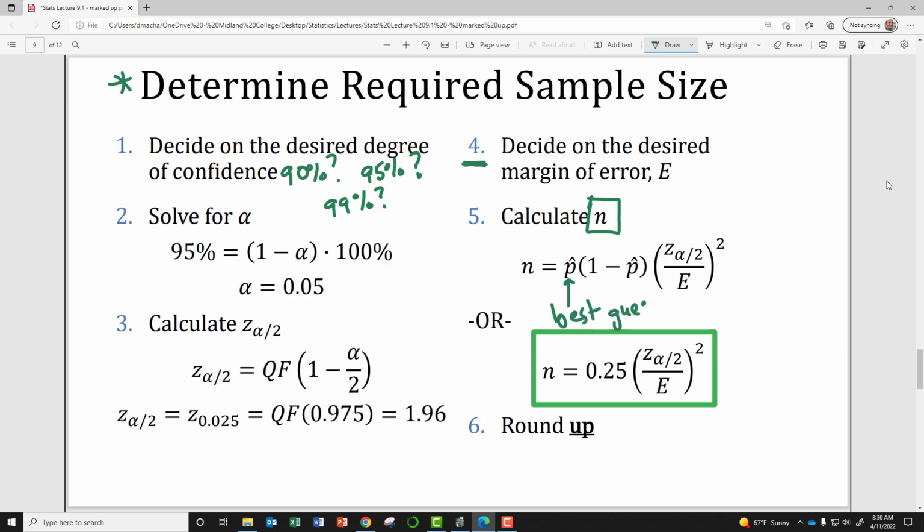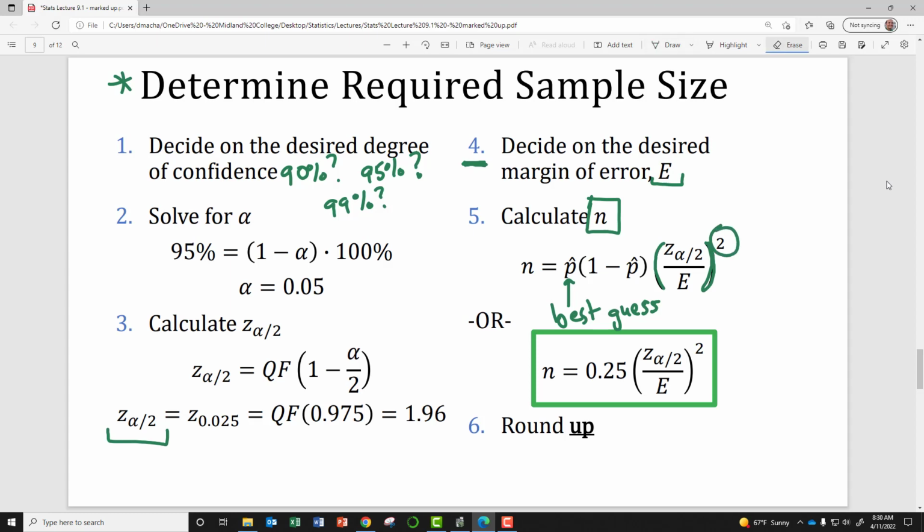So you're going to do p hat times 1 minus p hat, times z subscript alpha over 2, which you calculated in step 3, divided by capital E, which you decided in step 4. And then, of course, after you divide those, you want to then square it. And that calculates your sample size.